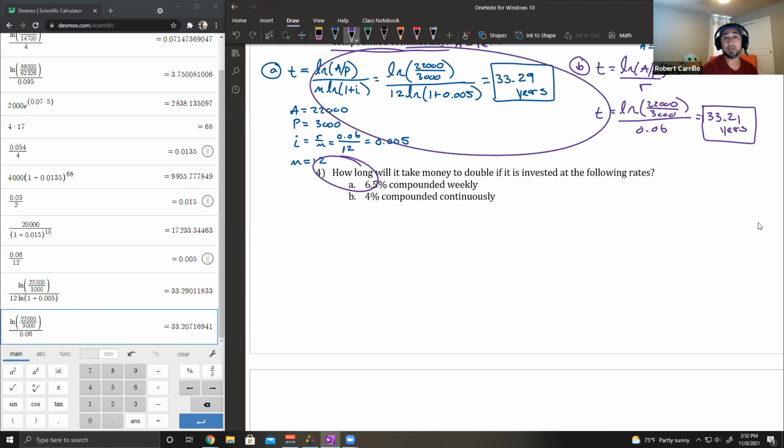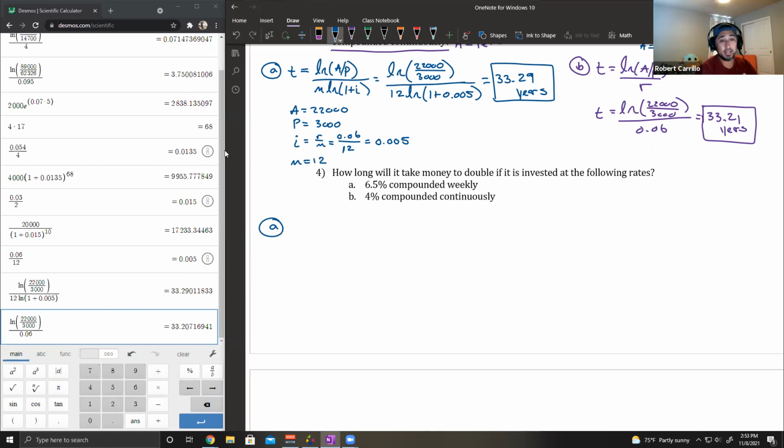So we are looking at doing the same thing that we just did above. So A. It says we want our money to double. So it's not giving us a specific amount, but it says how long will it take the money to double? So the final amount will be twice the original amount.